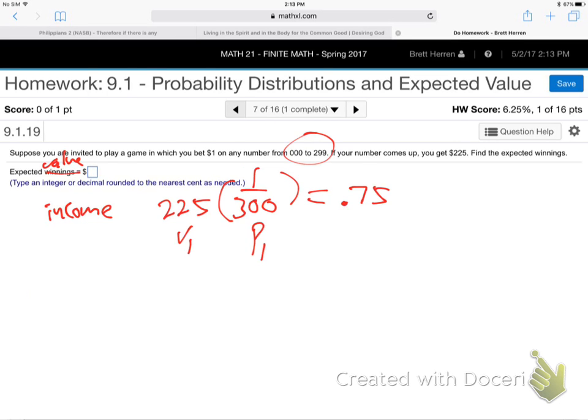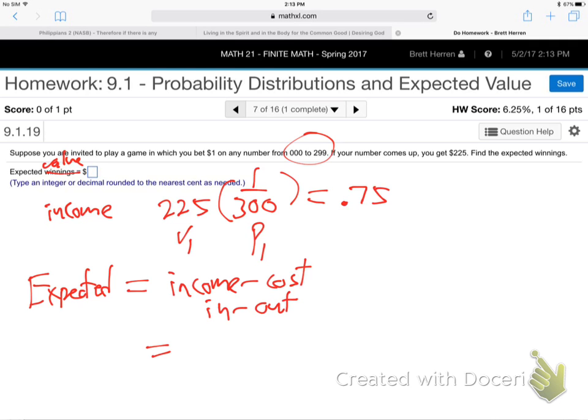So the final expected value is income minus cost. It's money coming in minus money going out, basically. So what's the income? Well, 0.75. What are you paying out? $1. So what's the expected value?